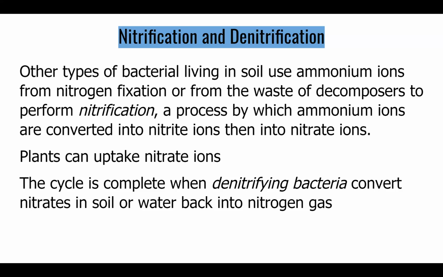Nitrate ions are what plants prefer to take in. And then our cycle is complete when denitrifying bacteria convert the nitrates in the soil or water back into nitrogen gas. So nitrogen can get released back into the atmosphere through denitrifying bacteria.